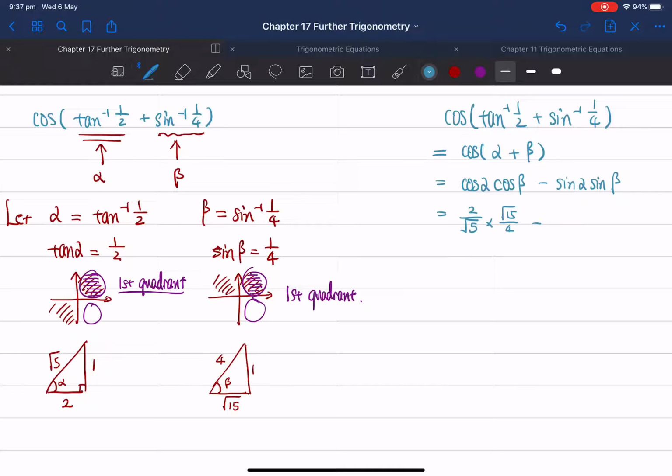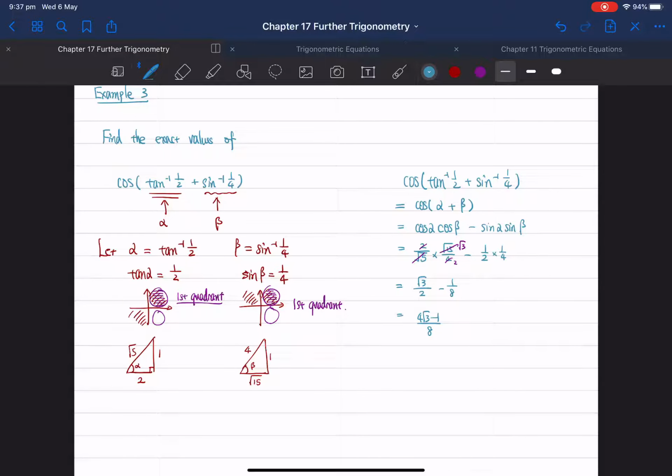Sine alpha is 1 over 2, we know that, and sine beta is 1 over 4, we also know that. To simplify, cross this 2 out, root 3, cross this 2 out, 2. That is root 3 over 2 minus 1 over 8. Finally, 4 root 3 minus 1 over 8. That is the answer.